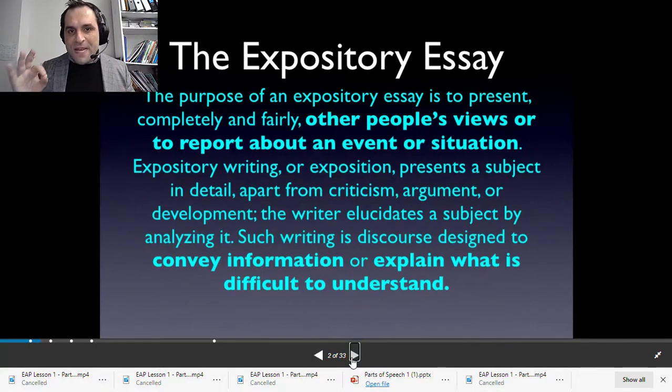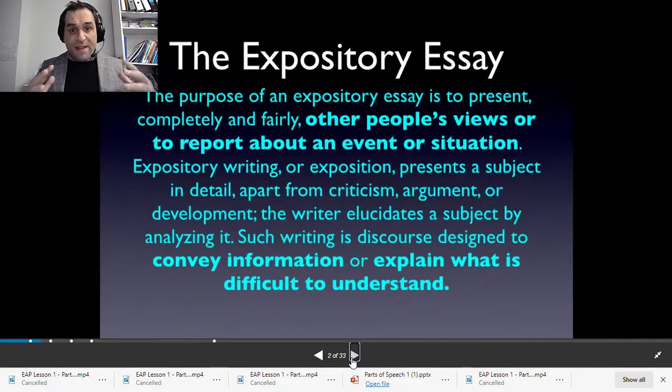B-I-A-S-E-D. Biased. If you are biased, you cannot think clearly. That means when you write, you're writing because you have strong feelings about something. You cannot be fair.